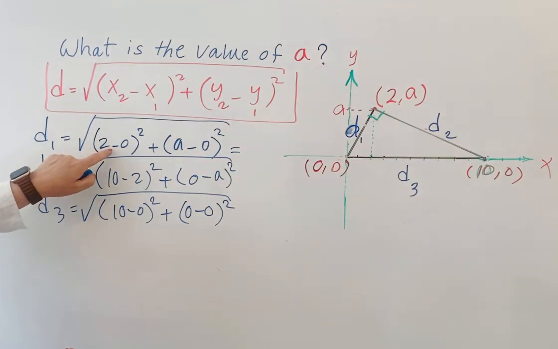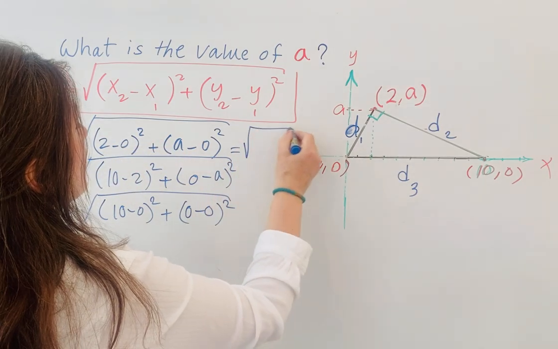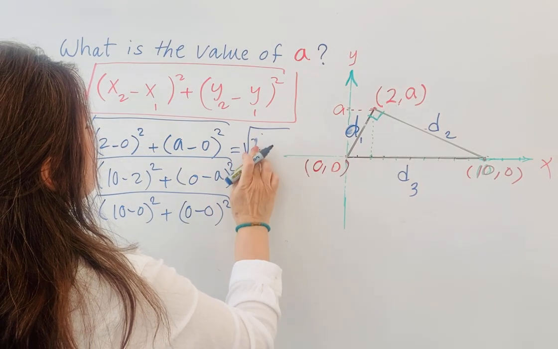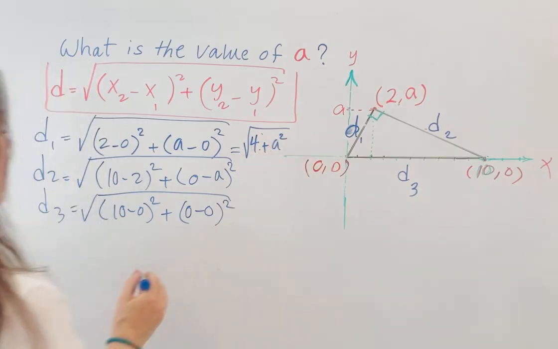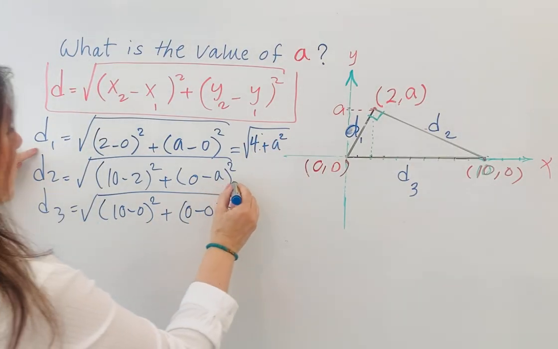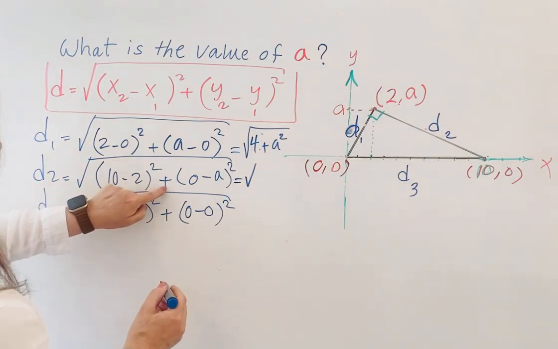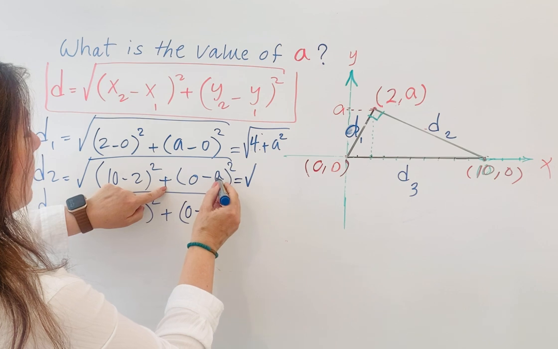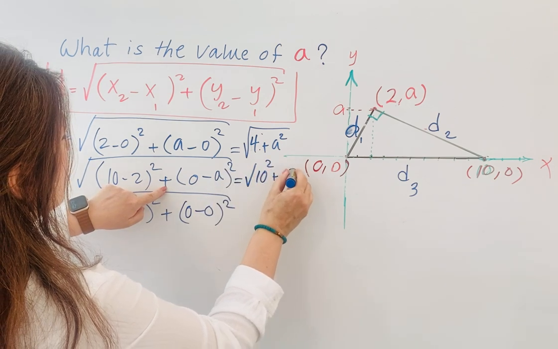Okay, how much is it going to be? 2 minus 0, 2 squared, is 4, plus a squared, right? This is D1. How about D2?